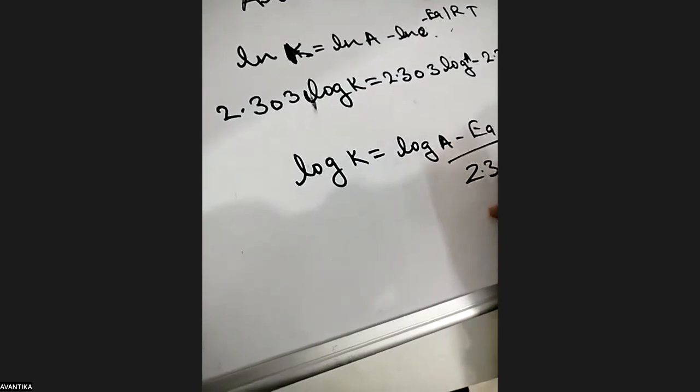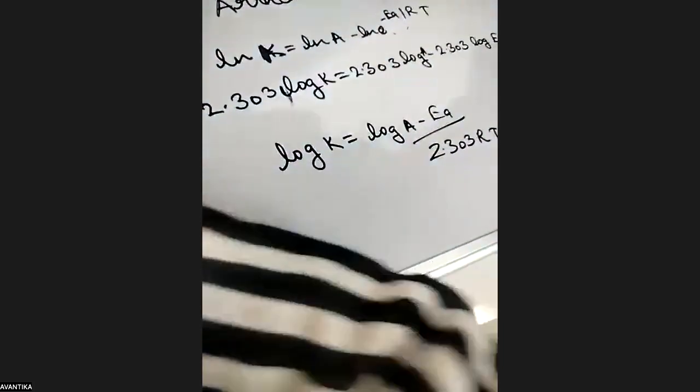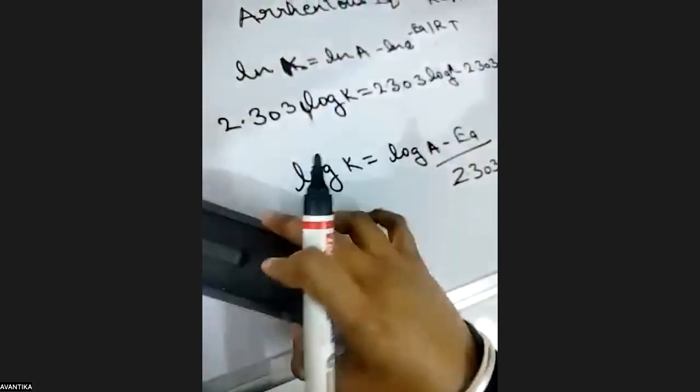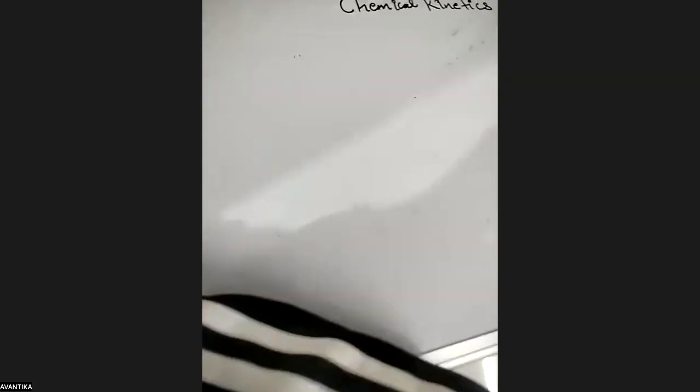If we have to calculate the rate constant at two different temperatures, then we use the Arrhenius equation. Let there be two temperatures T1 and T2.